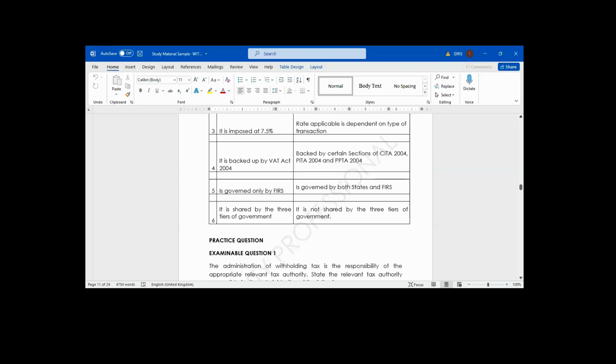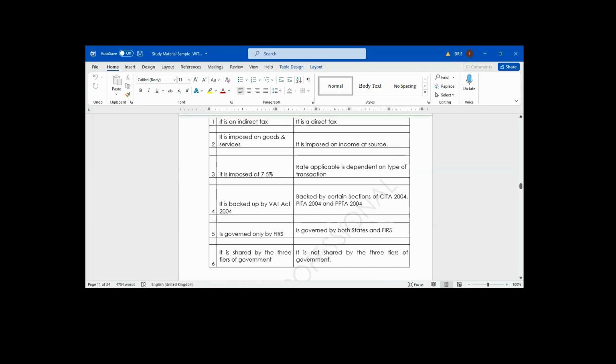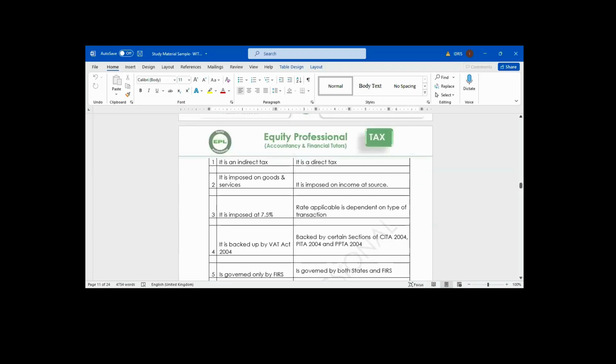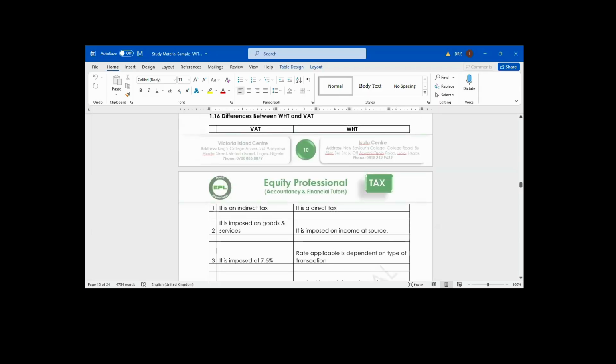Now, let's look at the differences between withholding tax and value-added tax. Value-added tax is an indirect tax, while withholding tax is a direct tax. Value-added tax is imposed on goods and services, but withholding tax is imposed on income.